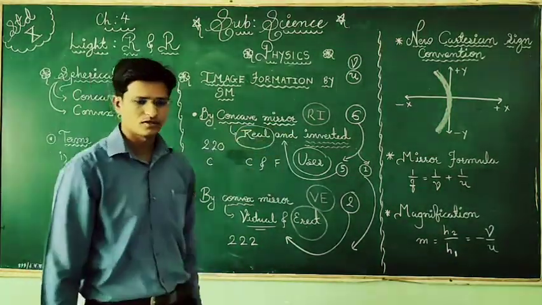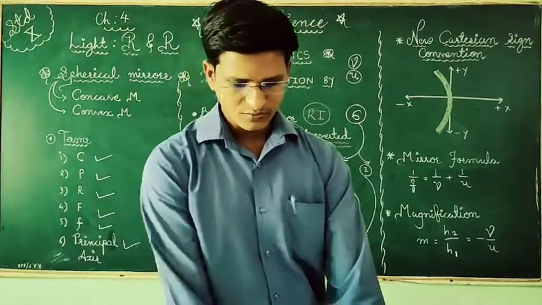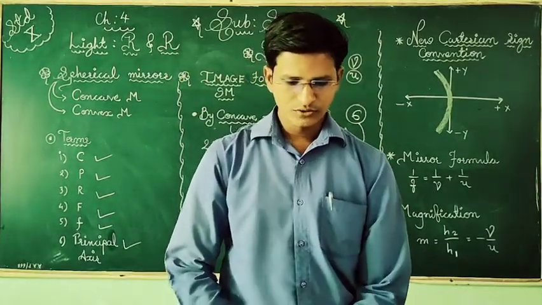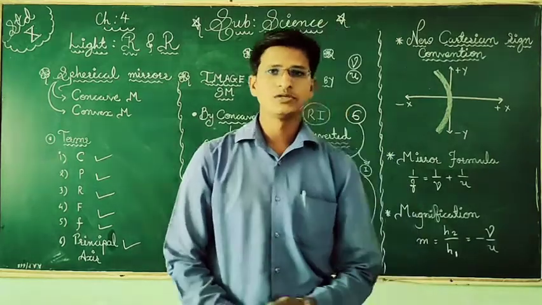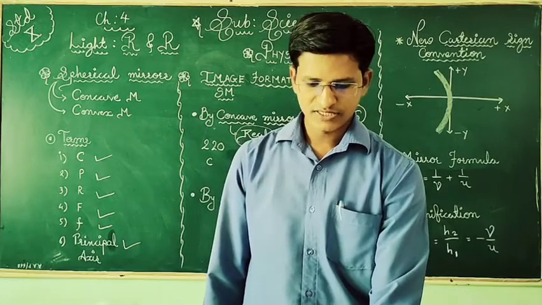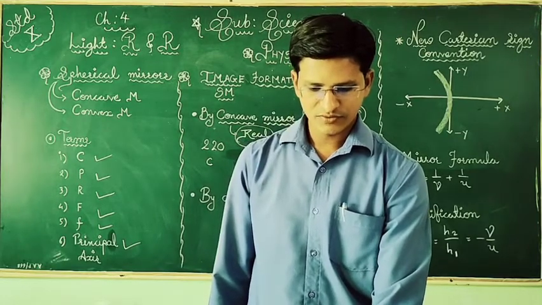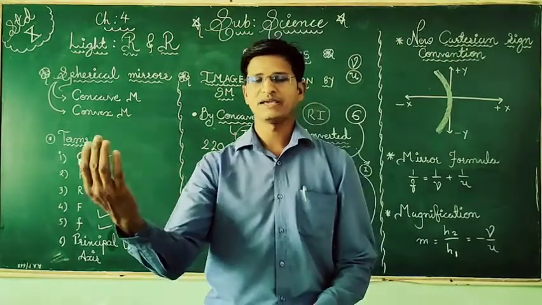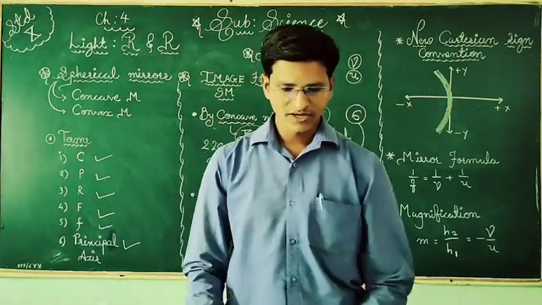Uses of concave mirror are done, and now we'll go for the convex mirror. Uses of convex mirror, page number 223. It is used as a rear view mirror in vehicles, like the bike, that is a convex mirror.